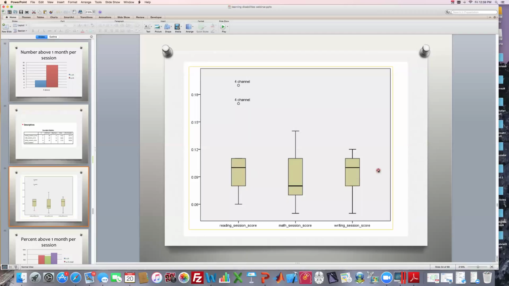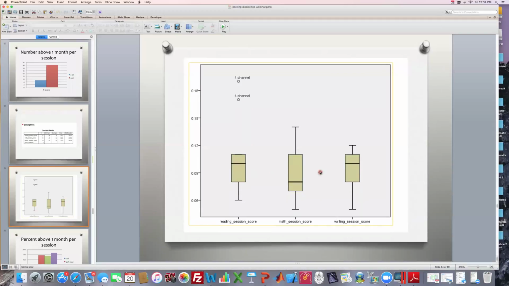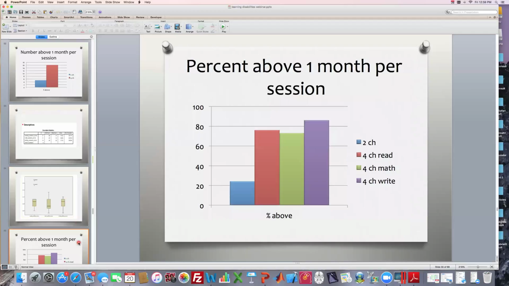Now, when you have a combination of different deficits, your protocol may be significantly different, but picking the best protocol possible based on how we've showed you to do that, they're basically equivalent. So this does not just work for reading, we think, but for other educational areas as well. And when you compare 2-channel to 4-channel for the different ability areas, reading, math, and writing, you can see the comparison right there.